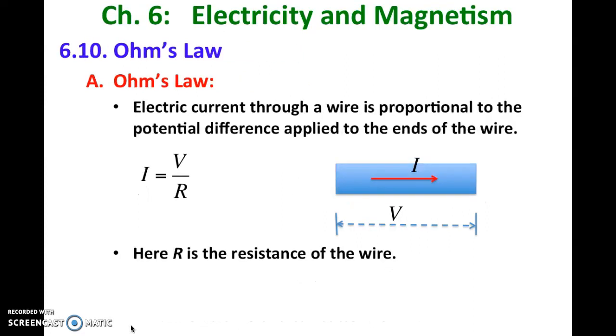Ohm's law governs the electric current through a wire when the electric potential difference is applied. This law tells us the current is proportional to the electric potential difference applied to the ends of the wire, but inversely proportional to the resistance of the wire R. The resistance R is a measure of opposition to the flow of charge.